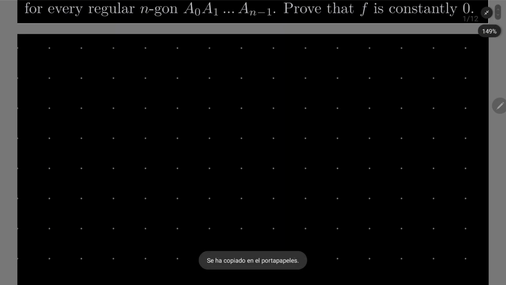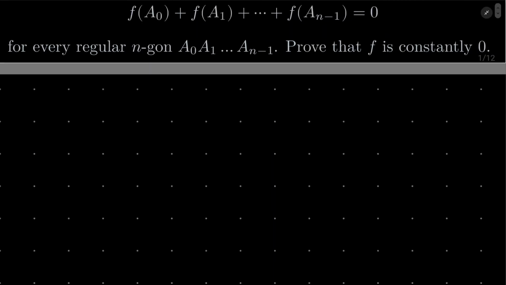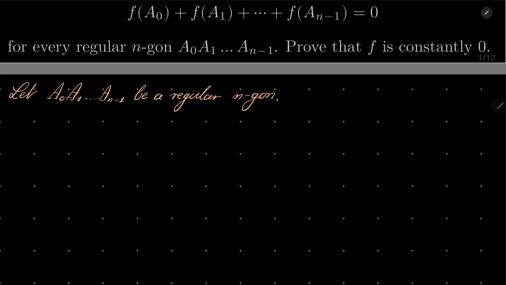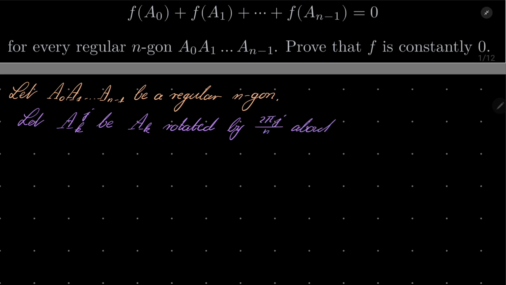Okay, so here is my solution. As I suggested, let a0, a1, and so on, an minus 1 be a regular n-gon, and let a_k^j be ak rotated by 2 pi j over n about point a0, where j and k, of course, go from 0 up to n minus 1.